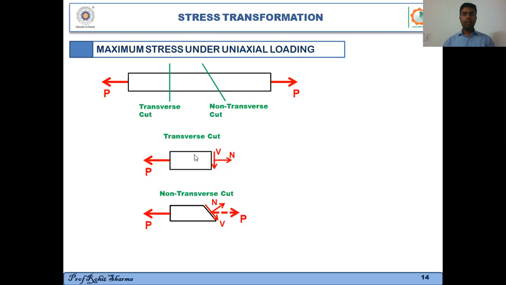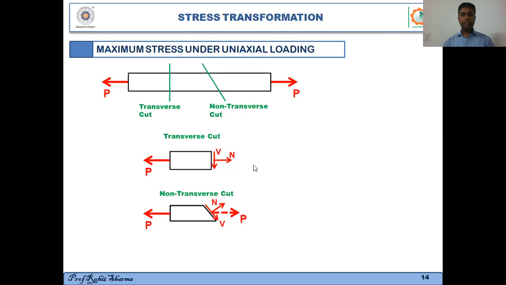We have seen that on cutting any object which is under the action of forces and is under equilibrium, there are some normal forces and some shear forces inside. So this is one normal force and this is one shear force. Internal normal force and internal shear force. The resultant of these two forces will be P, because we have to keep this bar under equilibrium.